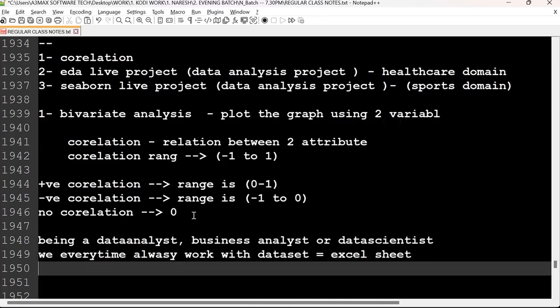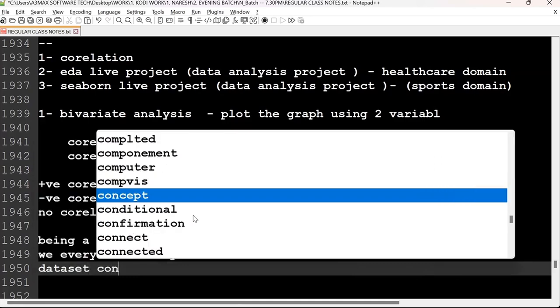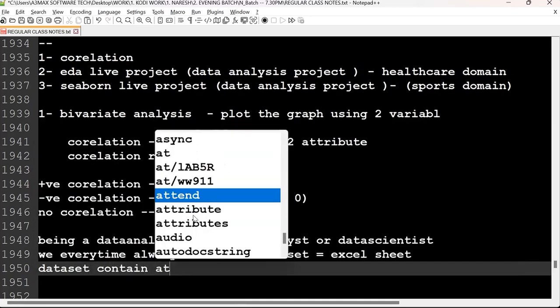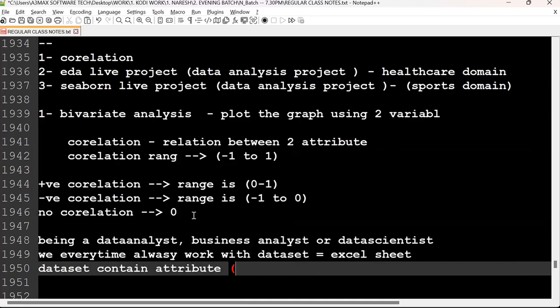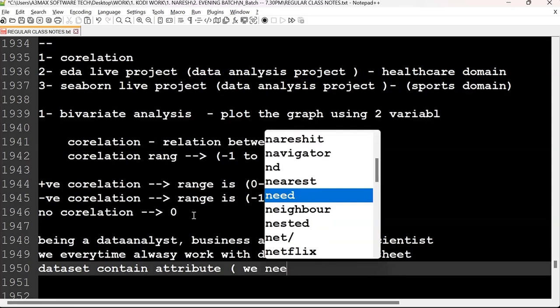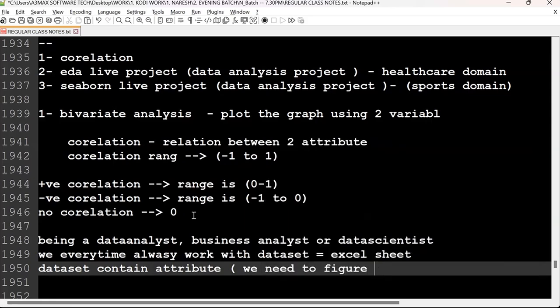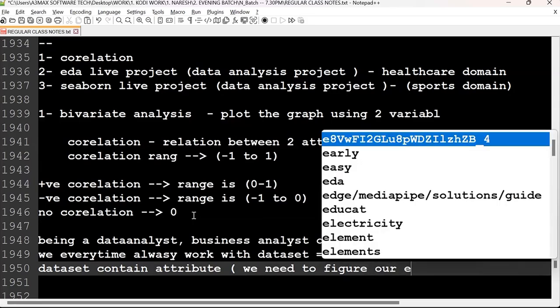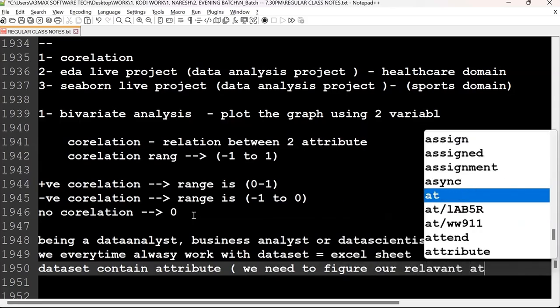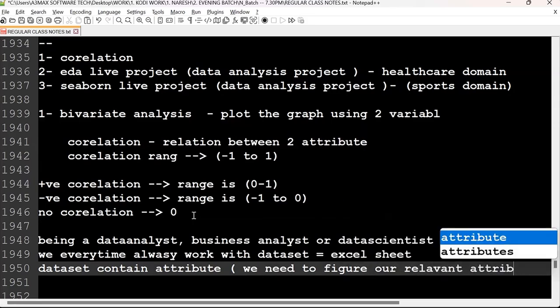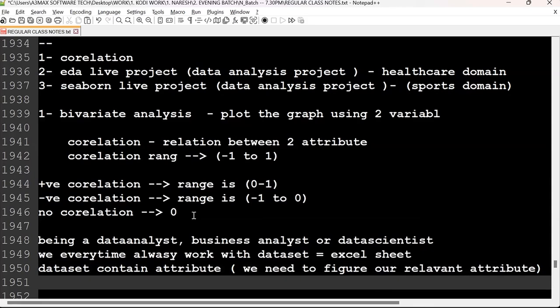Excel sheets. And every data set contains attributes, meaning columns. We need to figure out the right and relevant attributes. If it's relevant attributes, then only the positive correlations come up. Understand, guys?